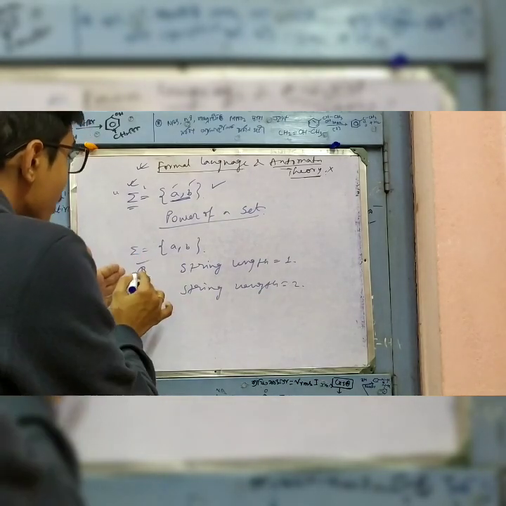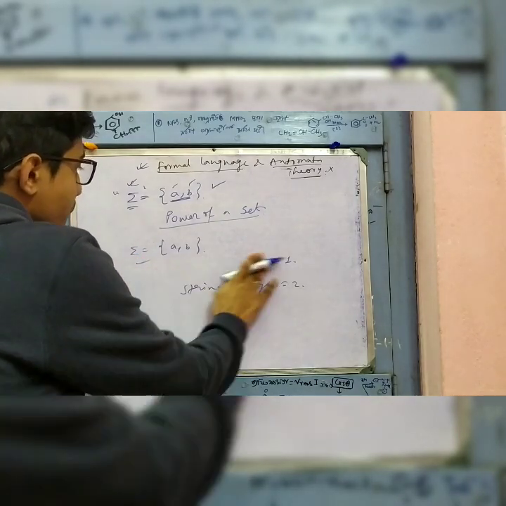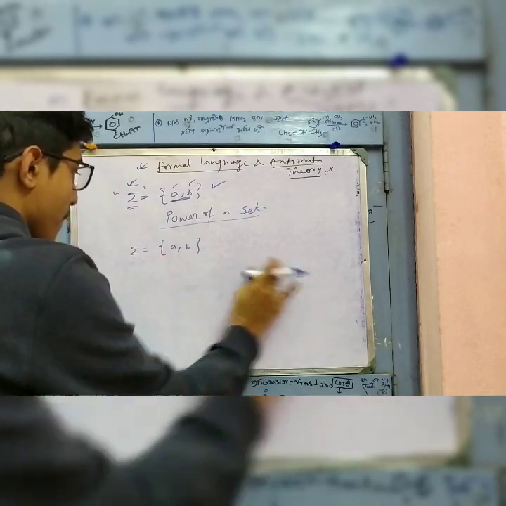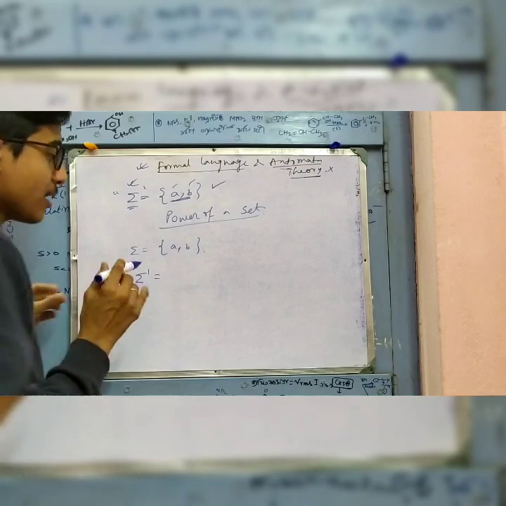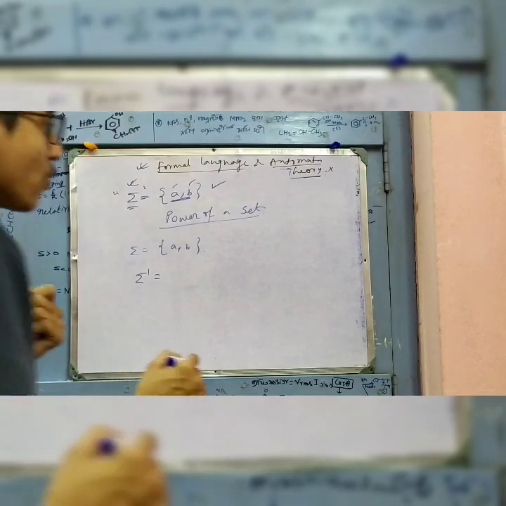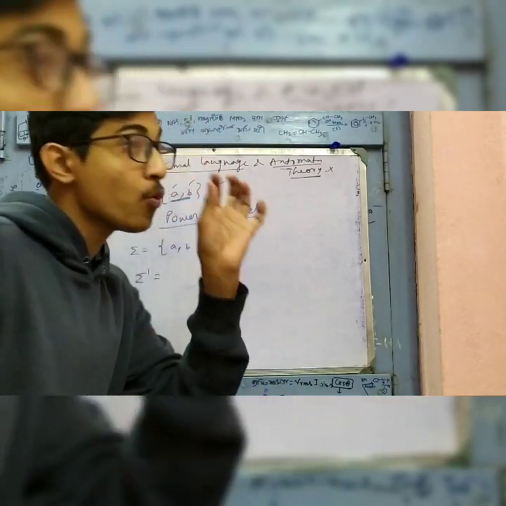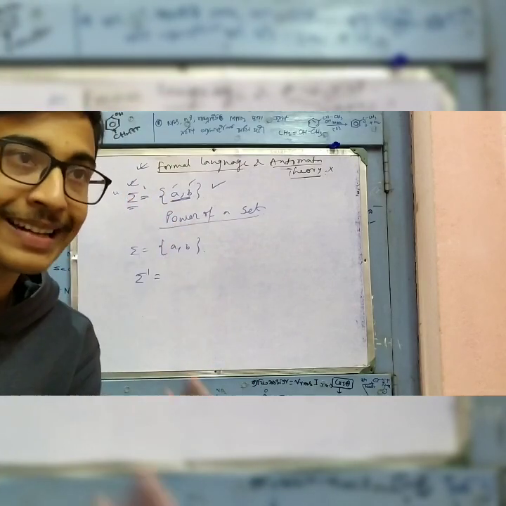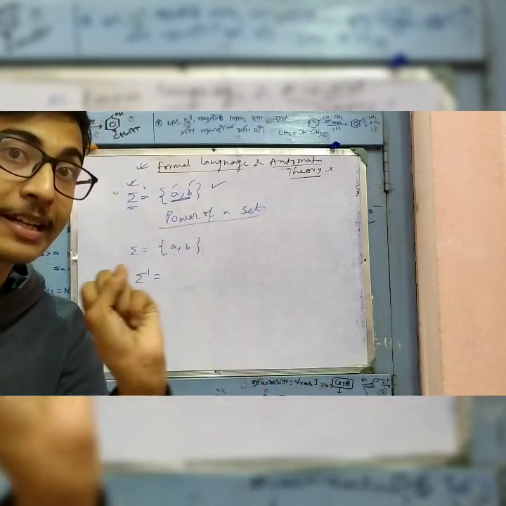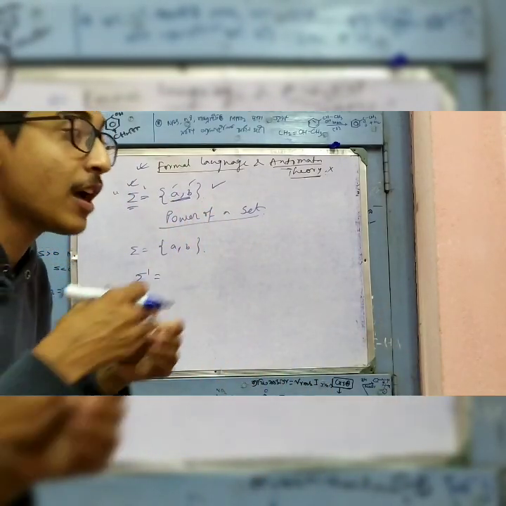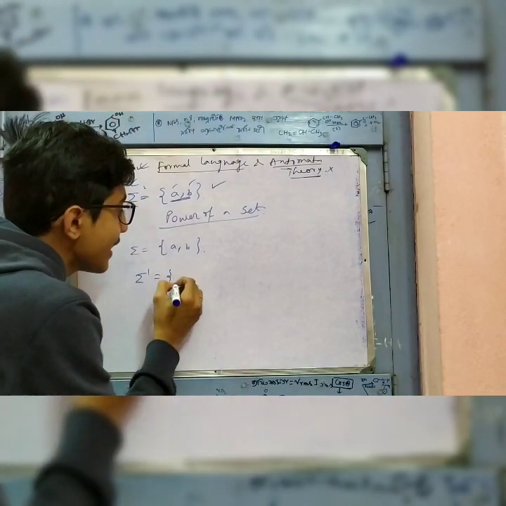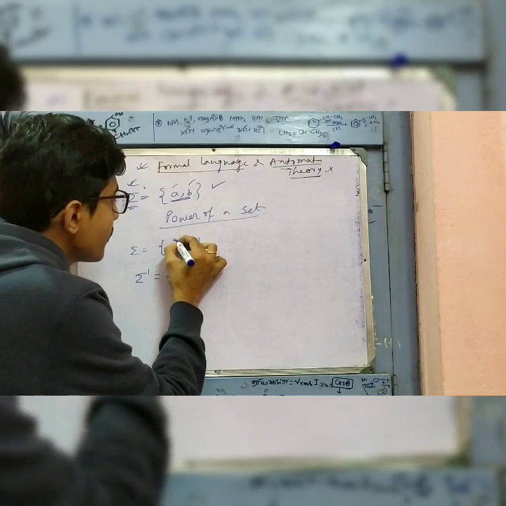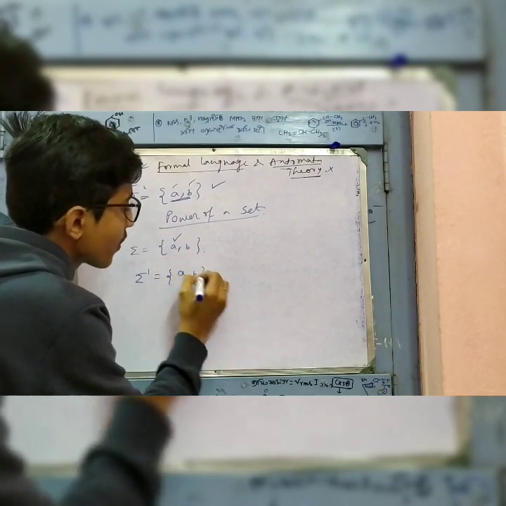Now look very carefully: for sigma 1, the string length is 1, which means only one symbol is there. String length 2 means two symbols are there, without regard to arrangement. So the string length is 1 for this case: A and B.